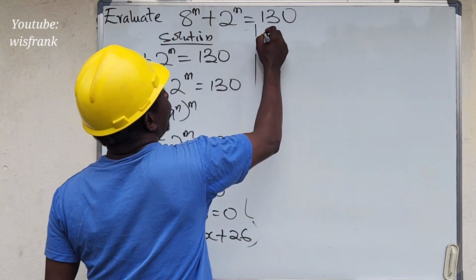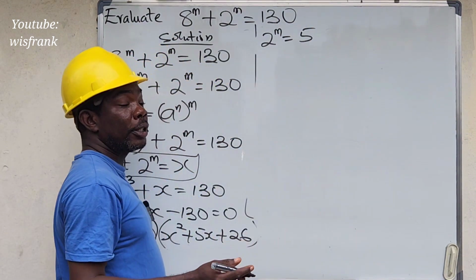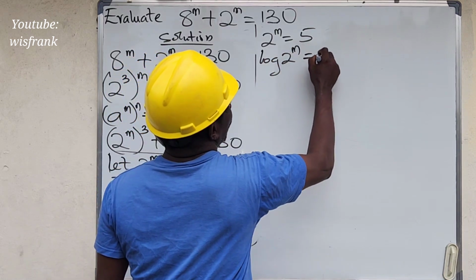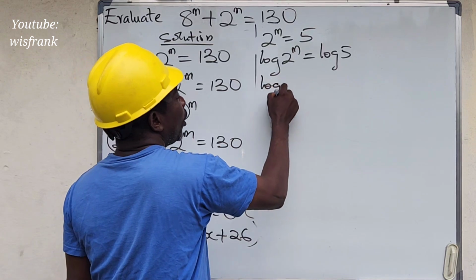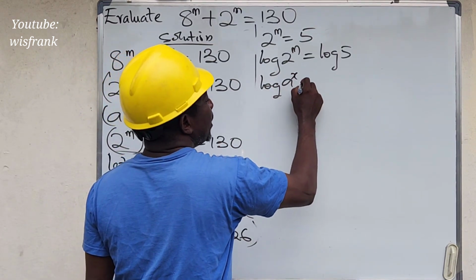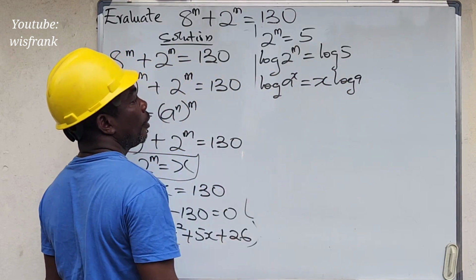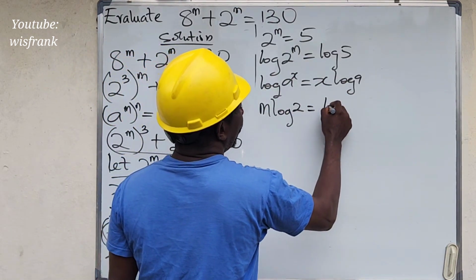We had before 2 to the power of m equals 5. As we apply log to both sides, this will become log 2 to the power of m equals log 5. Here we recall that log a to the power of x is the same thing as x log a. So expressing this in this format, we have m log 2 equals log 5.